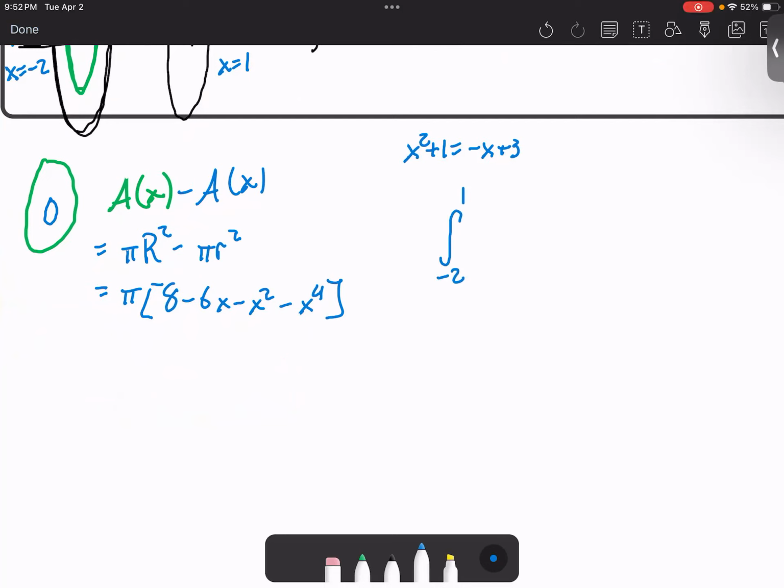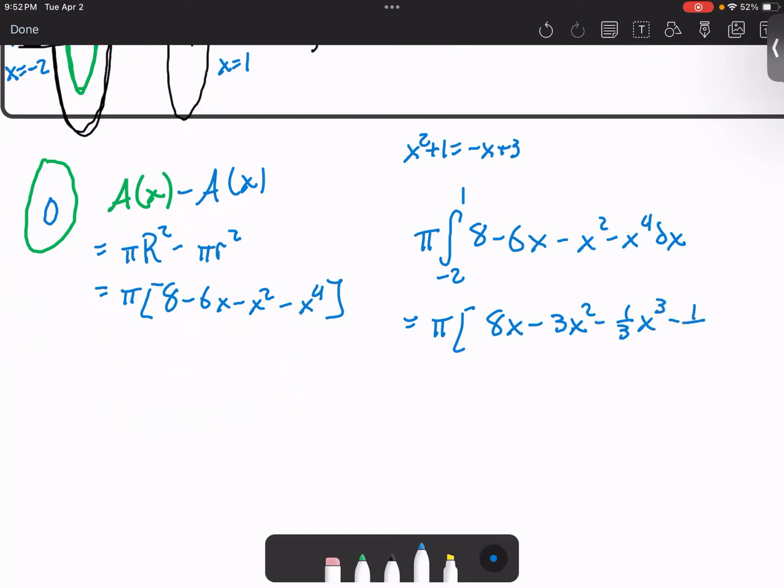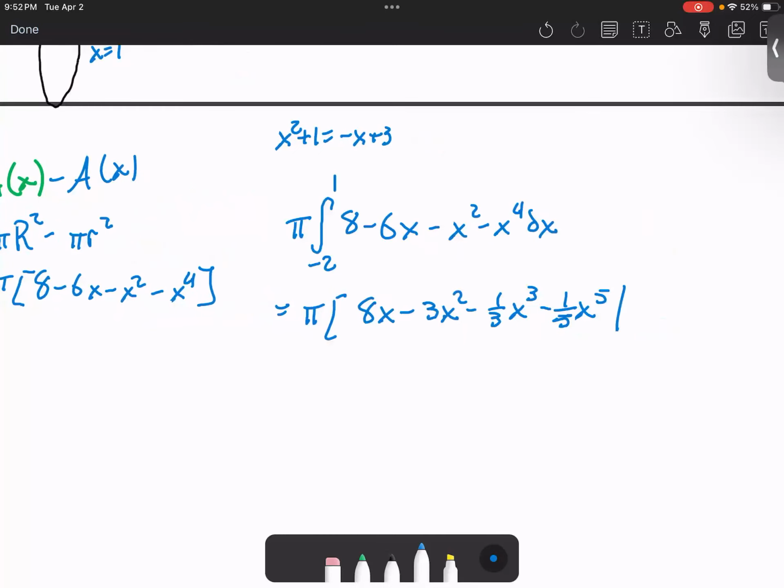the areas of these circles, where the pi can come out as a constant, and we're integrating 8 minus 6x minus x squared minus x to the 4th. An antiderivative will be 8x minus 3x squared minus 1/3 x cubed minus 1/5 x to the 5th, which we will then evaluate from -2 to +1.